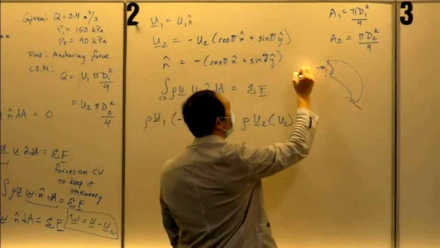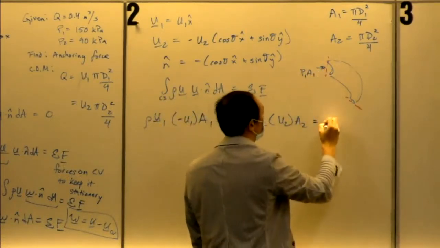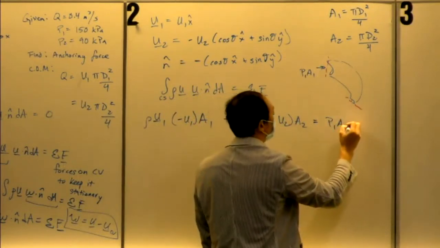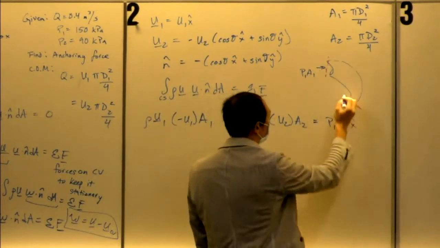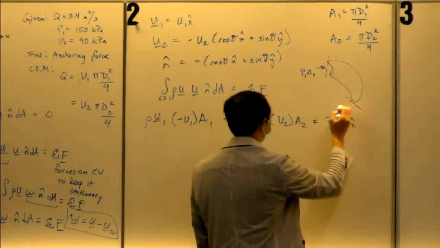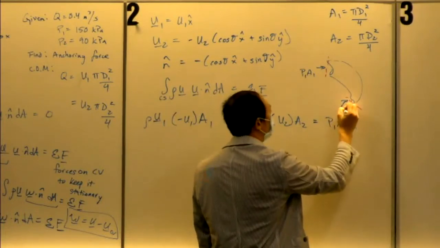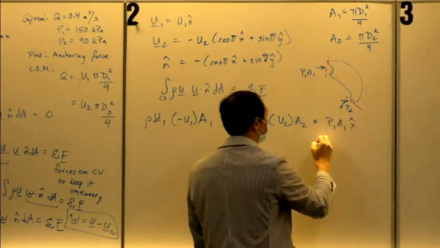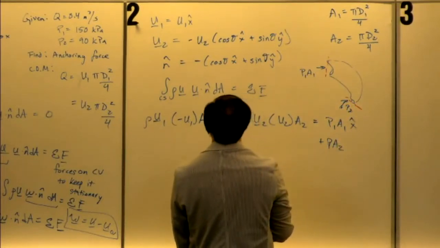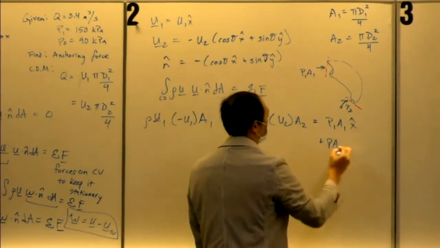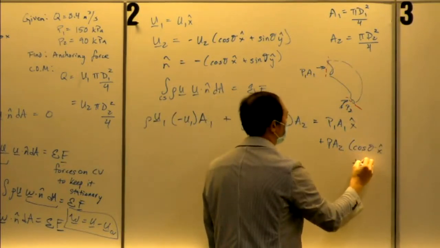So it would be P1A1 times x hat, going inward. And then this one's also going inward, because they're both positive pressures, plus P2A2 times, this is just going to have to be messy, necessarily, plus sine theta y hat.